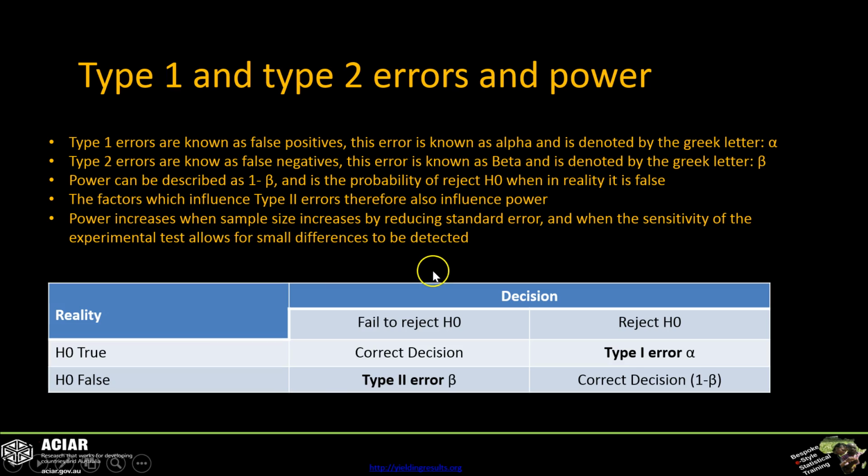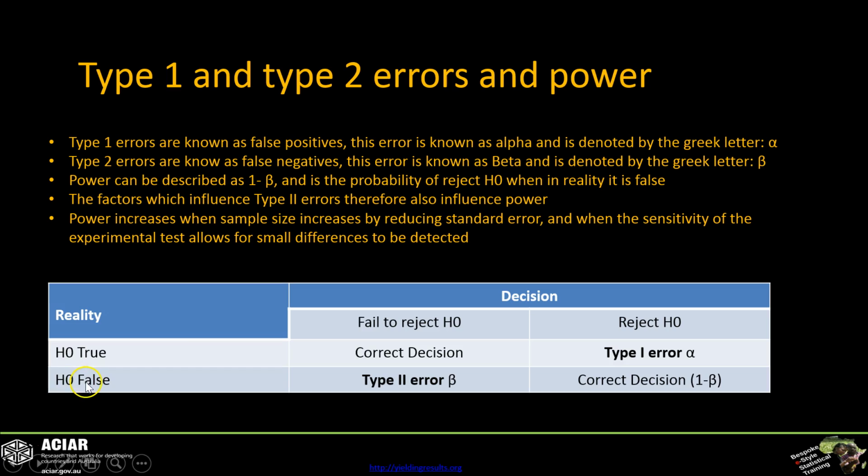We can summarise this in a table. We have got down here the reality. Is our null hypothesis true, or is our null hypothesis not true? So this is the reality, and then from our testing we make a decision. So we might fail to reject the null hypothesis, or we might reject the null hypothesis. If the null hypothesis is true, then we should accept it or fail to reject it, and so that's the correct decision.